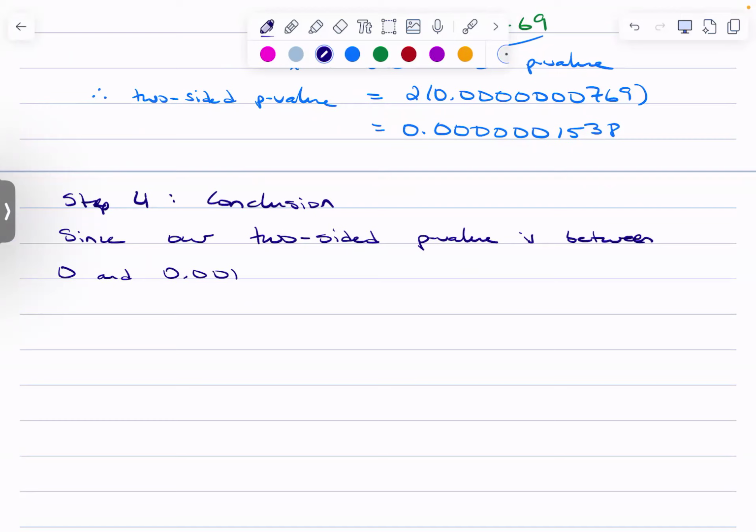It is less than our alpha level of 0.05. If you are claiming that something is less than something, you should support that, right? So it's less than our alpha level of 0.05. That's one mark, right? Kind of how does your p-value compare to your alpha level?